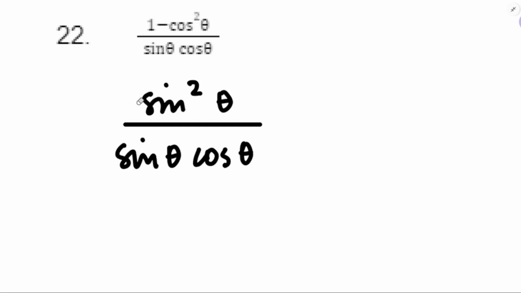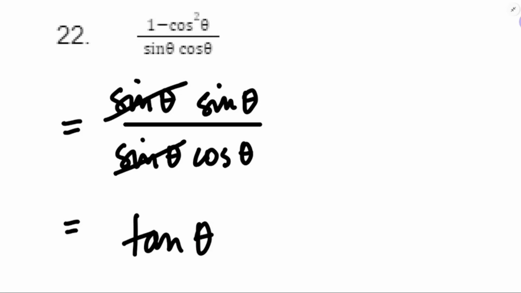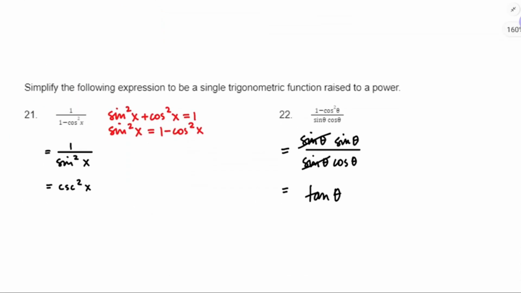Maybe I'll write this sine squared theta as sine theta times sine theta. And if I cancel off these sine thetas, I'd be left with sine theta over cosine theta, which is tangent theta to the first power. Okay, they got me. I thought it was going to be raised to a power higher than 1.